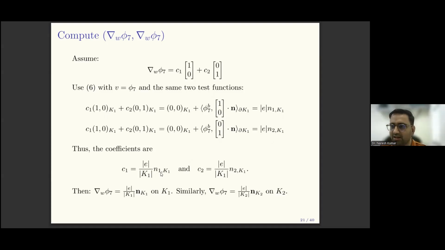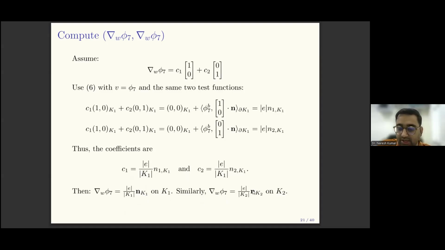So for K1, you get this coefficient c1 is the length of the edge divided by the area of the element times n1, and c2 is the length of the edge divided by the area of the element times n2. Then if you have c1 and c2, put into this equation c1 times (1, 0) plus c2 times (0, 1), then basically you will get |e| divided by the area times n. n is just a combination of n1 and n2.